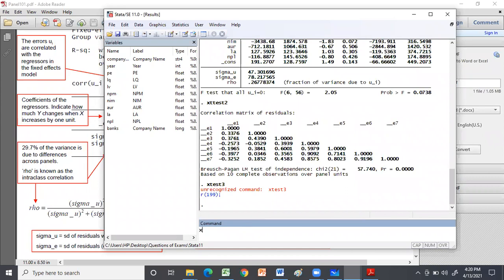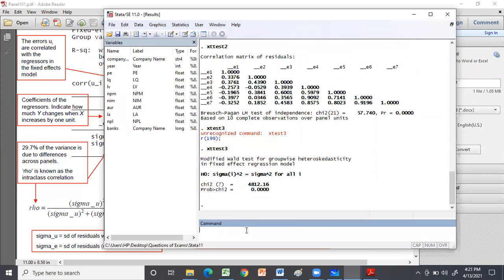Sorry, XT test 3. Modified Wald test for group-wise heteroscedasticity in fixed effect regression model, right? Null hypothesis is sigma i square.